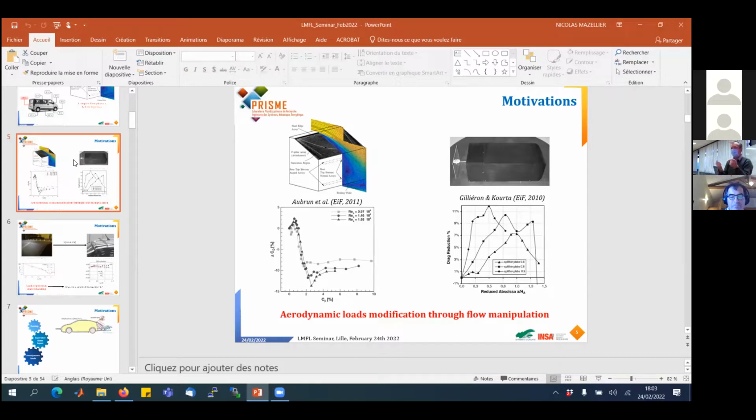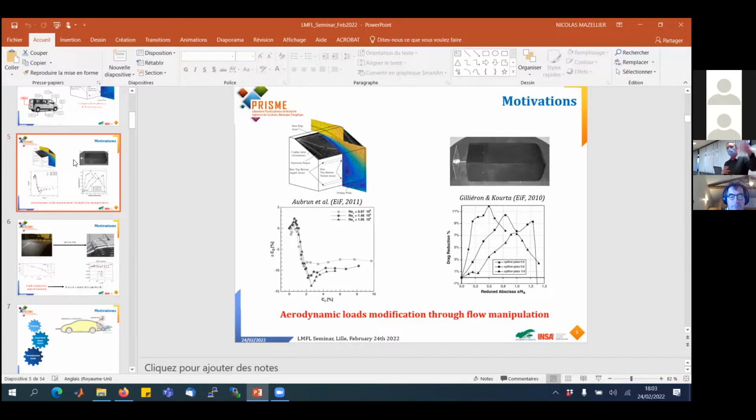You need to have some kind of sensors on the vehicle to tell you that something is happening, and then you can react. That's the principle of flow control. Anyway, they tell you that the sensor should not be more expensive than 10 centimes of euro. That's the problem for the industrial.